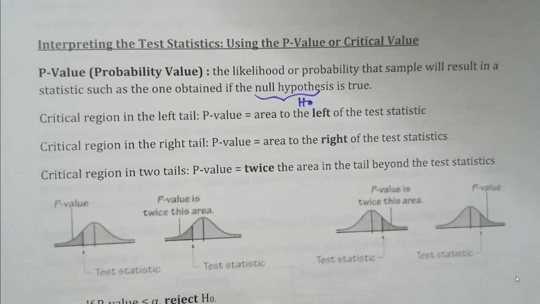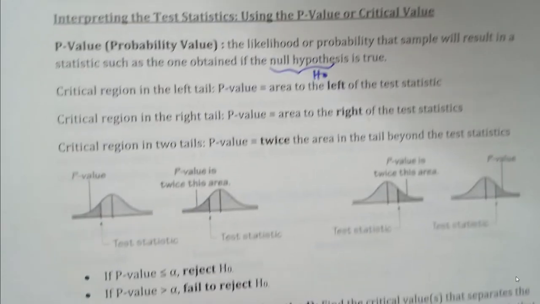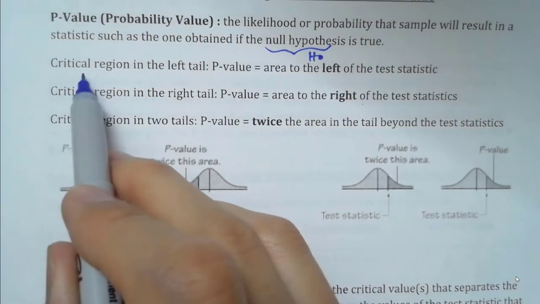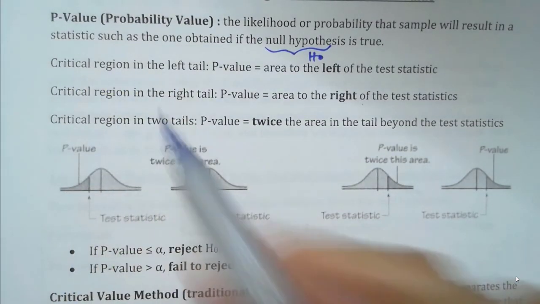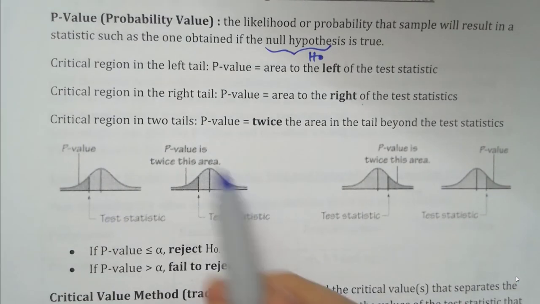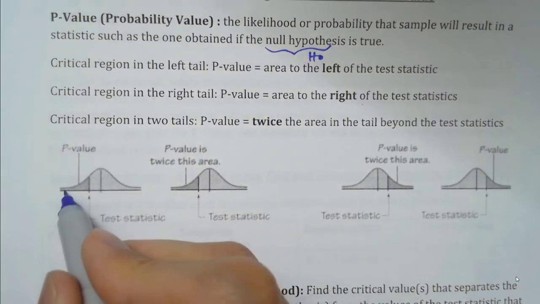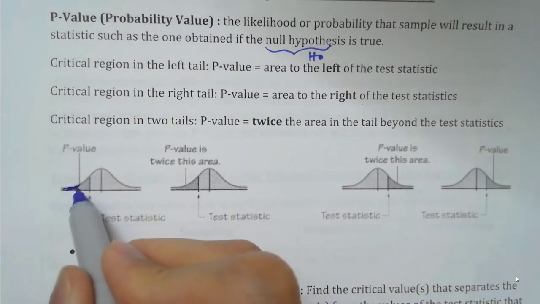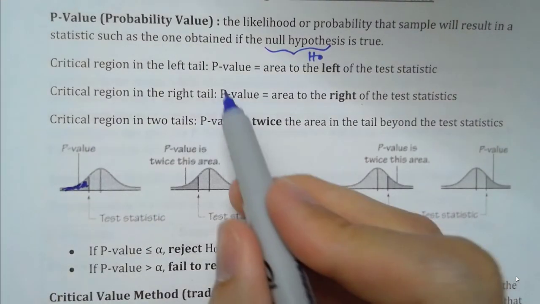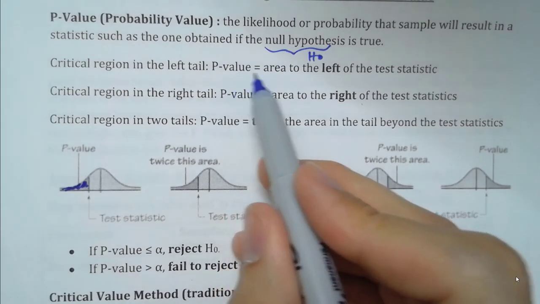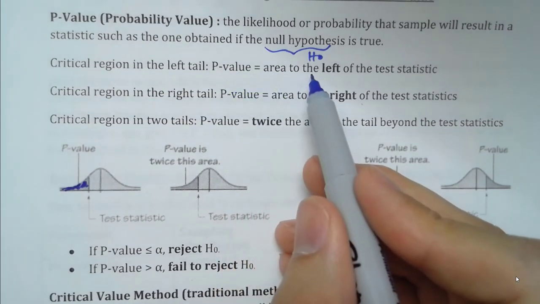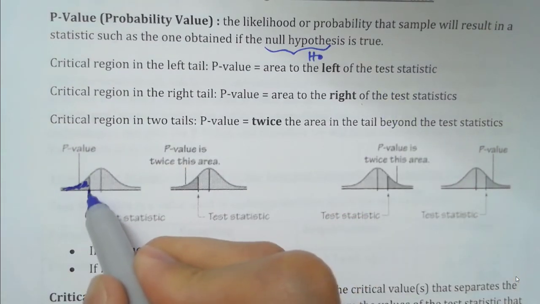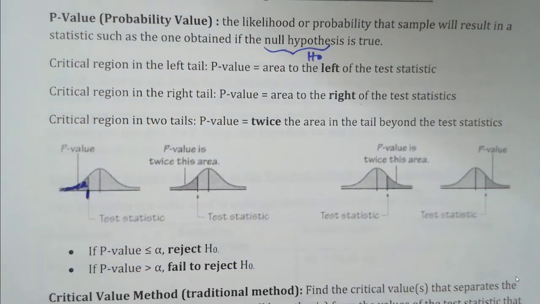Okay. Now, the critical region in the left tail. So let's talk about the left tail. This is the left tail. The p-value is equal to the area to the left of the test statistic. The test statistic is right here, and the p-value is to the left of that.